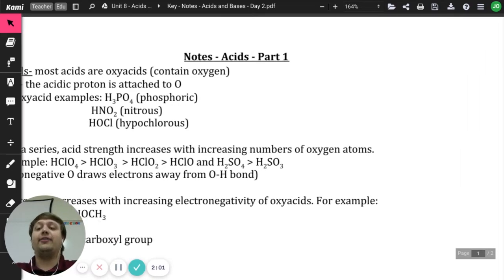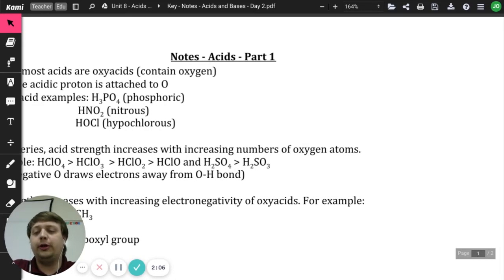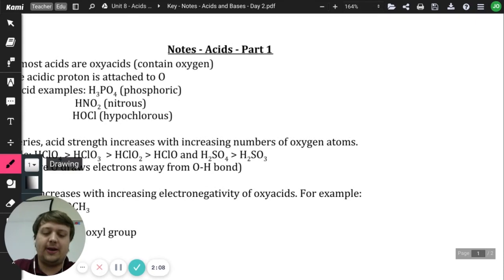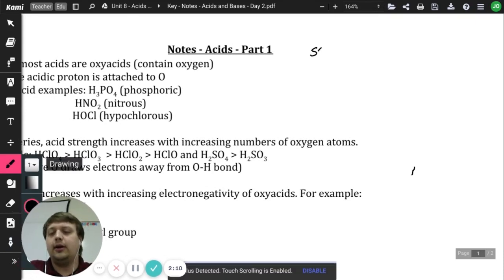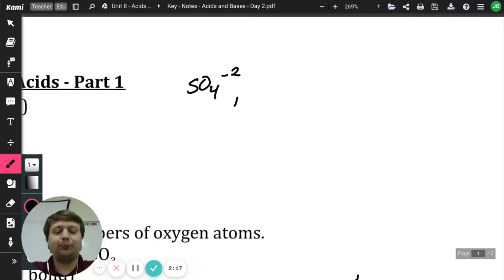And so, as a reminder, your strong acids are going to include a sulfate ion. Sorry, I'm just going to zoom in here.